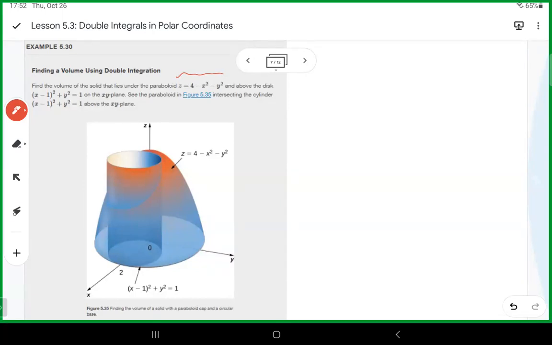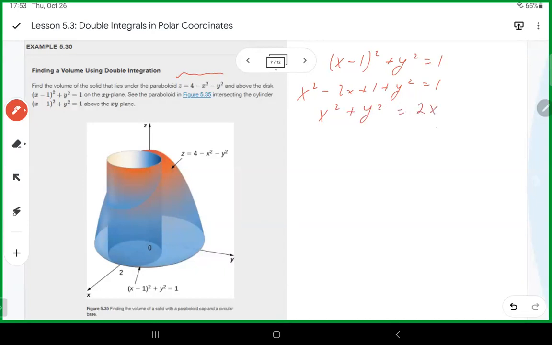So the first thing we have to do is figure out your polar coordinates. So you're going to have x minus 1 squared plus y squared equals 1. You're going to want to expand the square term, so you're going to get x squared minus 2x plus 1 plus y squared equals 1. Then you want to simplify that, and you're going to end up with x squared plus y squared equals 2x.